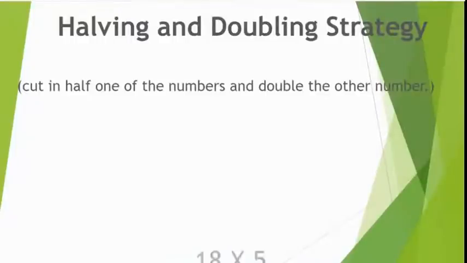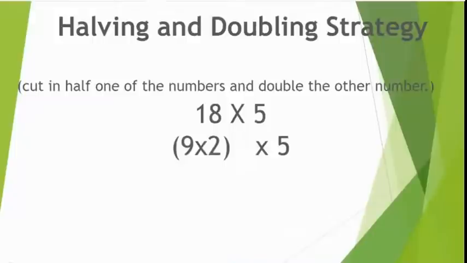So as our 18 times 5, we're really looking at it as 9 times 2. So we're taking a step back and decomposing that number. 18 is no longer just an 18.